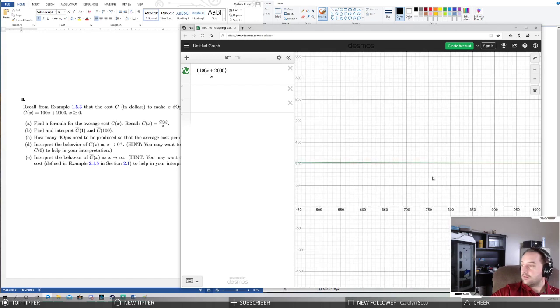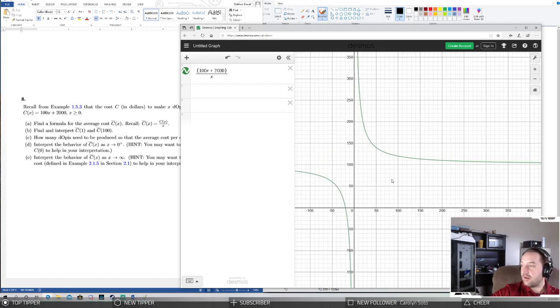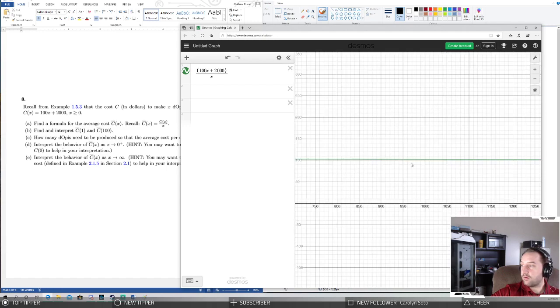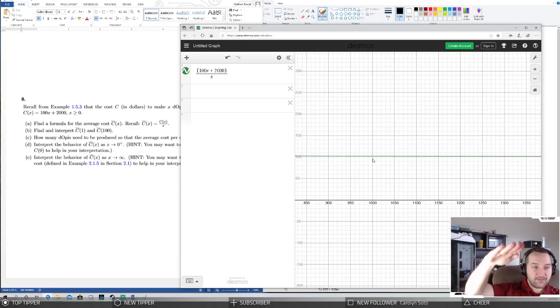It looks like that number is 100. As I start producing more and more, I'm never going to be able to reduce the cost. These devices are always going to cost me $100 per device as I infinitely produce more.